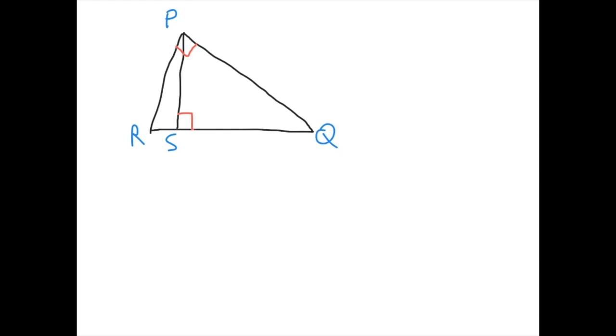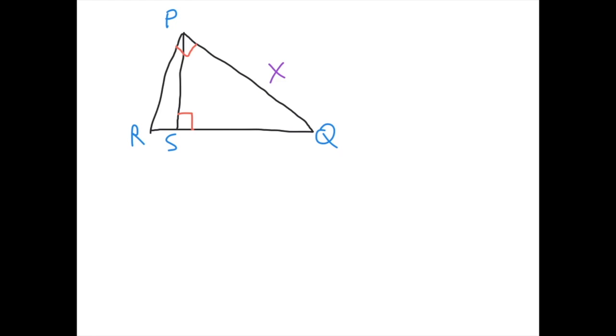So, in a right triangle, as you should know, there are 3 parts, 2 legs, the parts that touch the right angle, and the hypotenuse, the one opposite the right angle. So, in this case, the geometric mean is the leg.